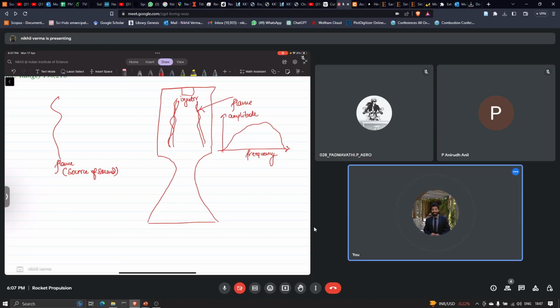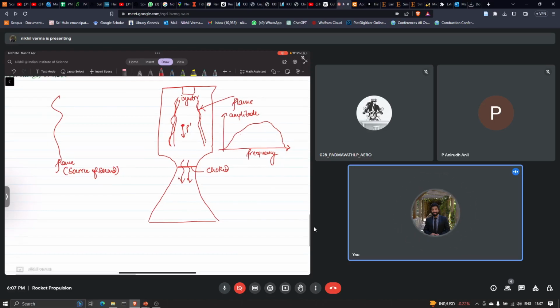So at the nozzle, the flow is choked, right? And whatever disturbance, pressure wave, is coming in will not be able to pass through this choked nozzle.